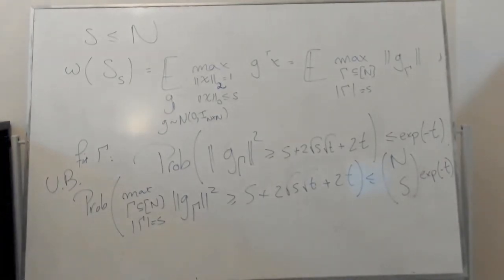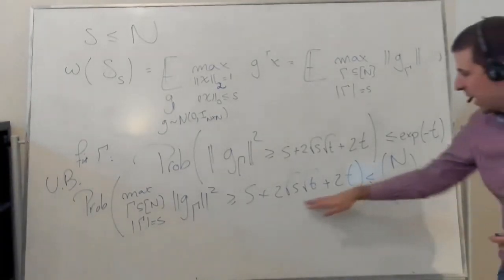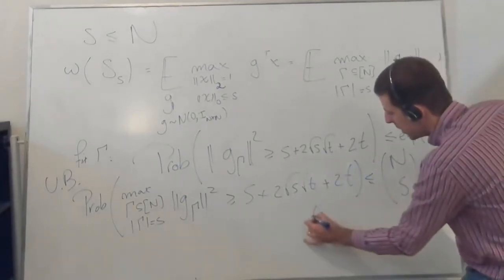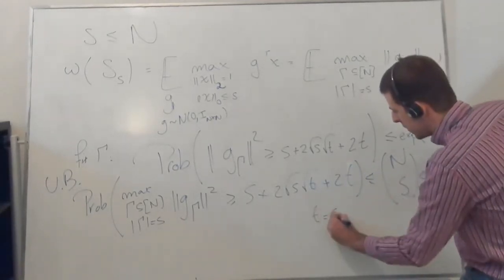Okay, so now let's scale this a little better, just so that S shows up everywhere. Let's scale this as T being SU.